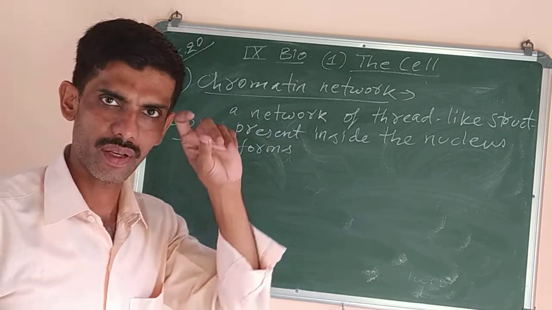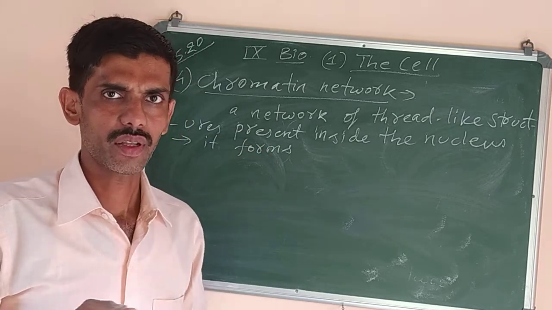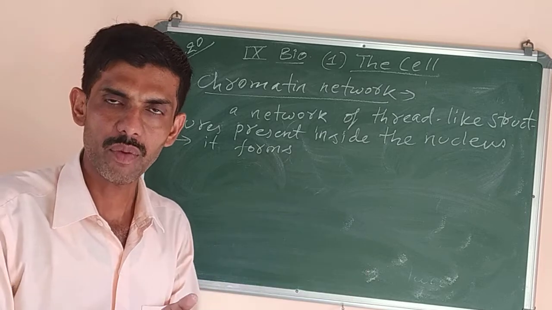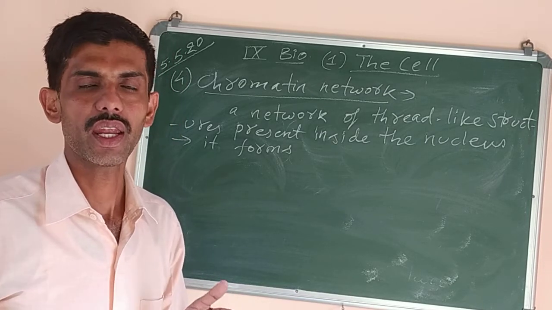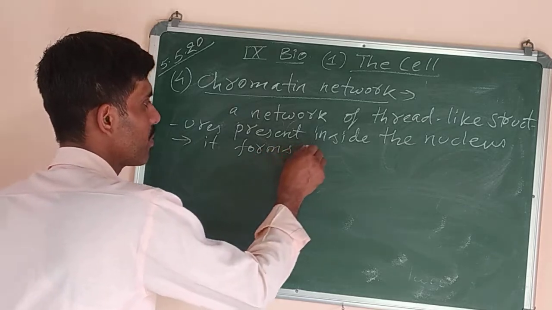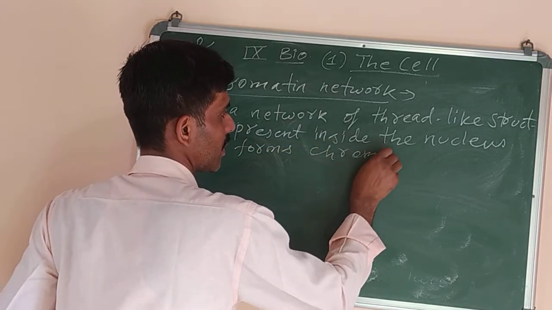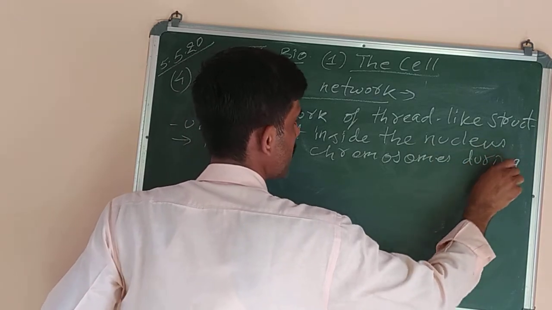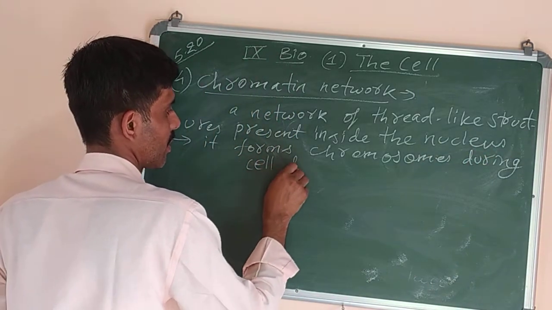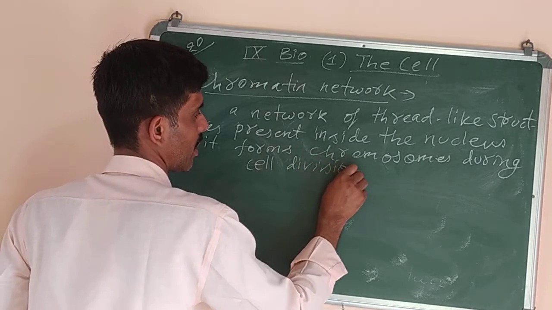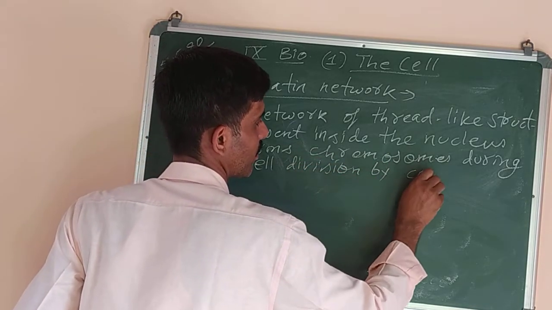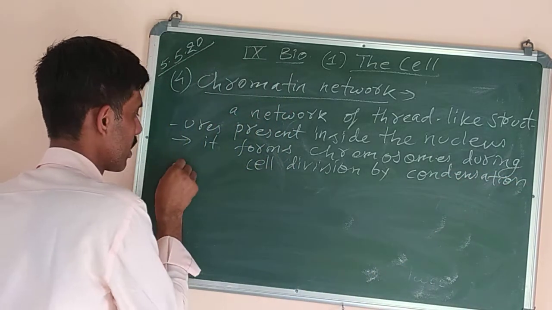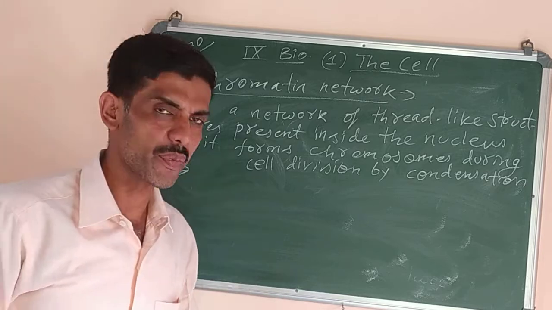During cell division, this chromatin network condenses, meaning the threads come closer, become thick and appear as chromosomes. So it forms chromosomes during cell division by condensation of the chromatin network.